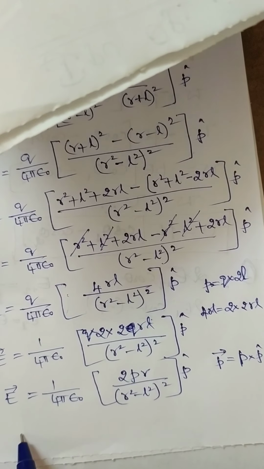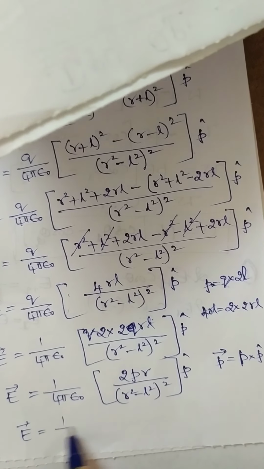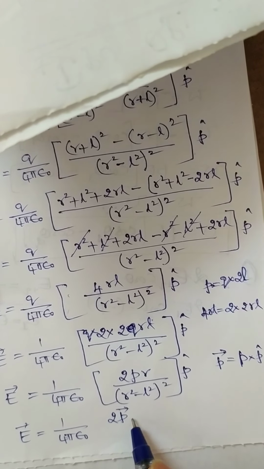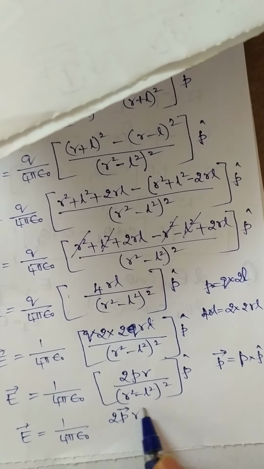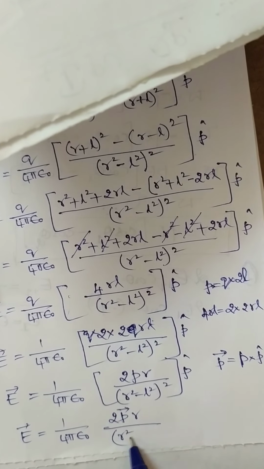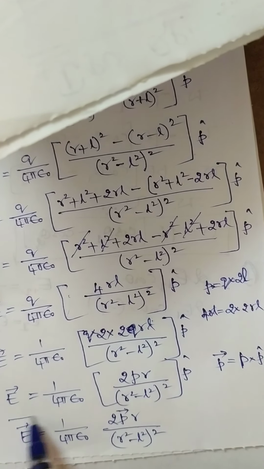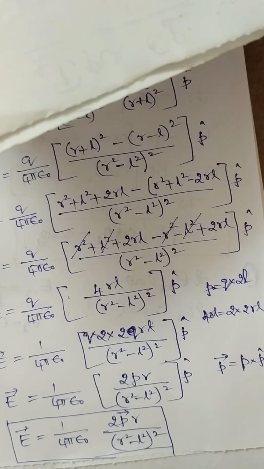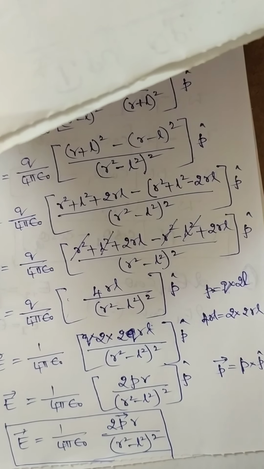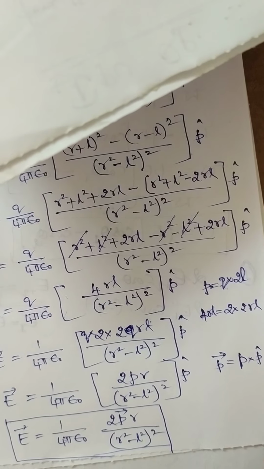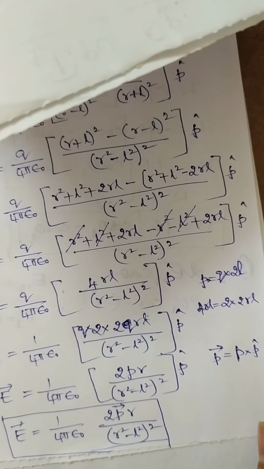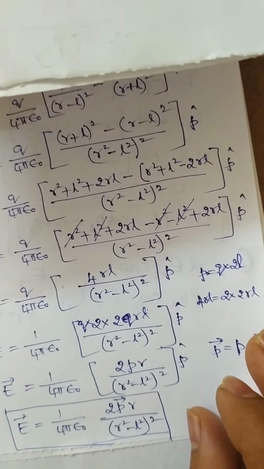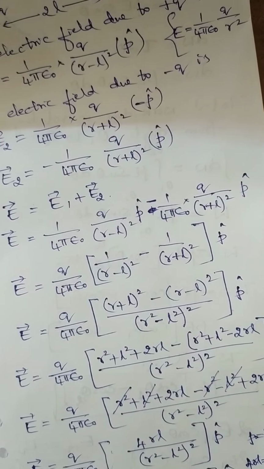Hence this comes out to be vector E is equal to 1 by 4 pi epsilon naught into 2 p vector r divided by (r square minus l square) whole square. So this is the electric field due to a dipole at a point on the axial line. Okay, so this is the derivation of the electric field on the dipole axis.